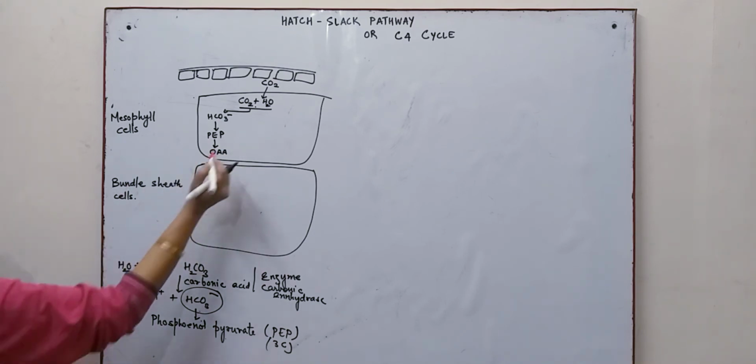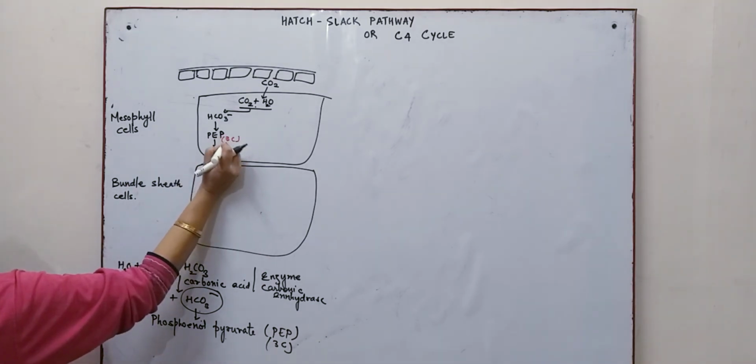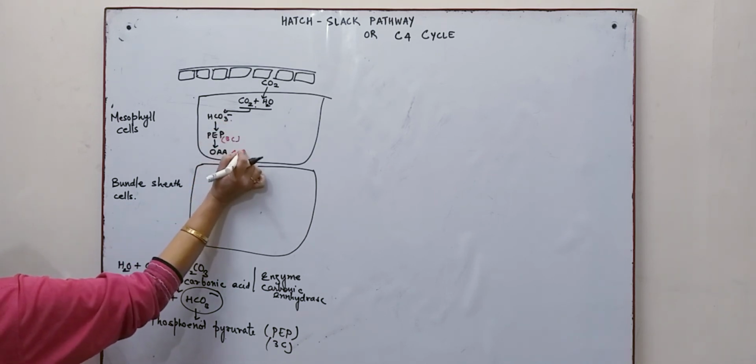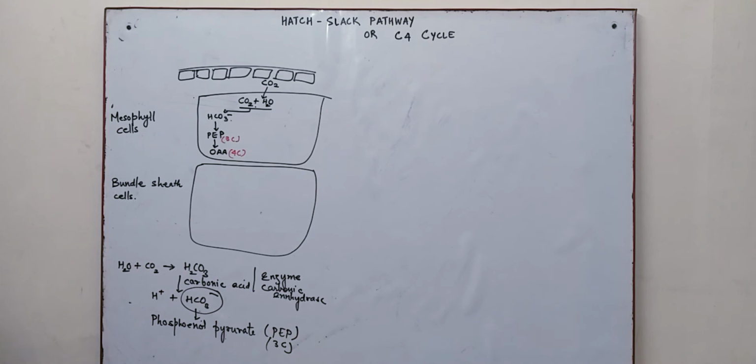This is carrying 1 carbon, so over here the 4-carbon atom compound is formed, that is OAA, oxaloacetic acid. The reaction between the PEP and bicarbonate is where the carboxylation takes place.